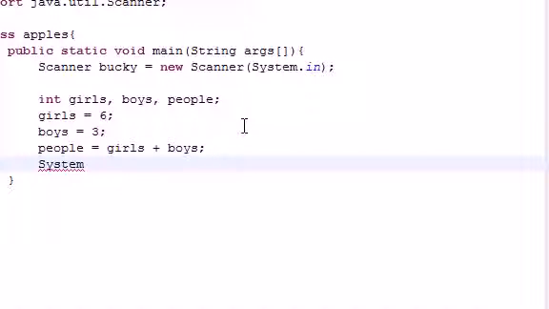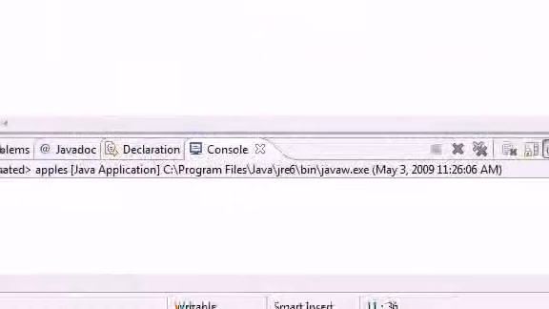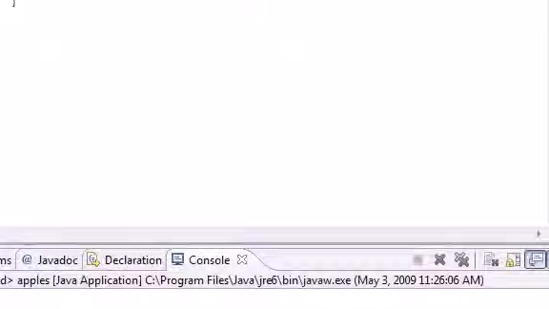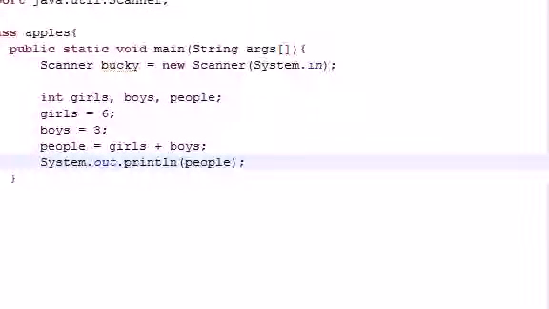So we put system.out.println, and in our parameter we put people. Now if we run this, we get 9, since 6 plus 3 is 9. And so that is how you can use addition with Java.